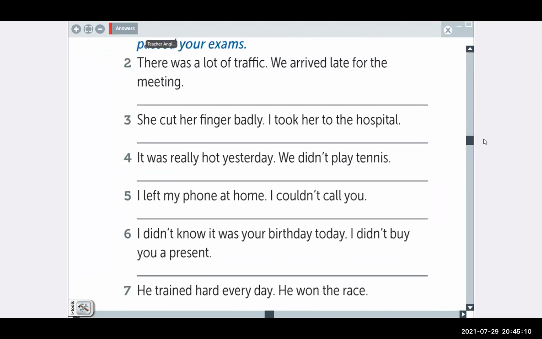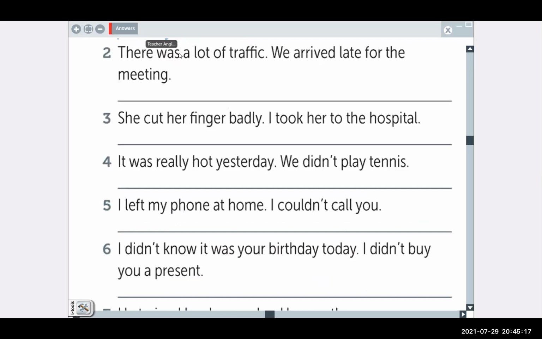Number 2, there was a lot of traffic and we arrived late for the meeting. What can we say here? If there hadn't been a lot of traffic, ¿qué más?